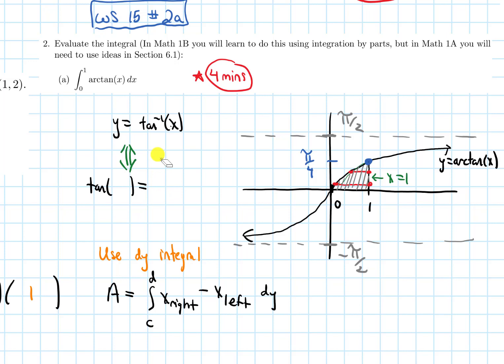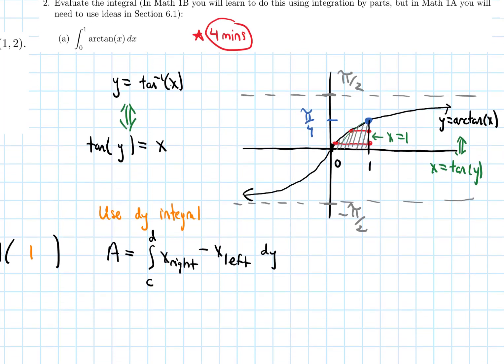What I mean to say is, right now the y was the output, that will get plugged into tangent, and the x was the input of tangent inverse, that will now be the output of tangent. So now I know what the equation of this curve is with x isolated. This is equivalent to writing x equals tangent of y.